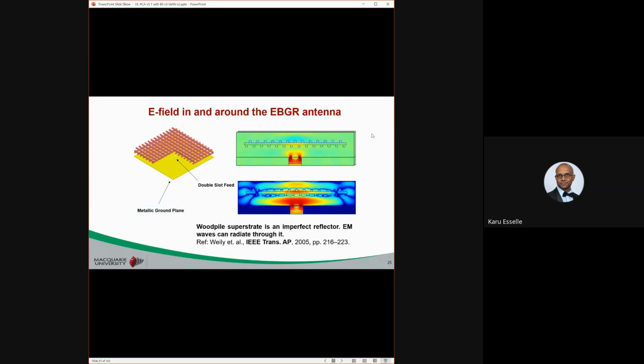Partial reflecting means partially transmitting, right? So it radiates through the structure to free space, creating a beam in the upward direction. This is our paper we published in IEEE Transactions on Antennas and Propagation.